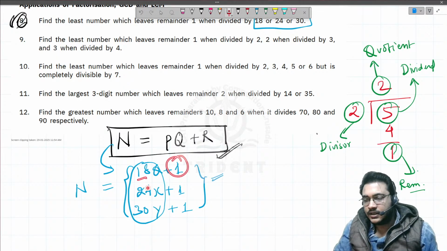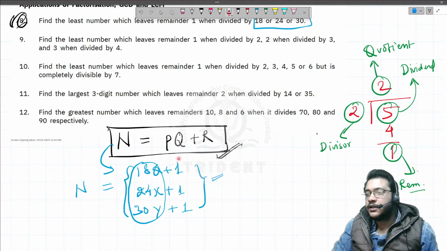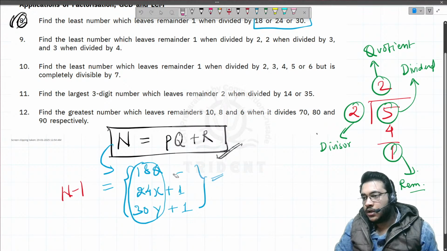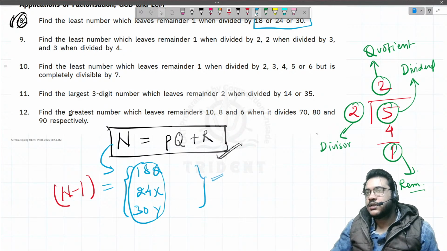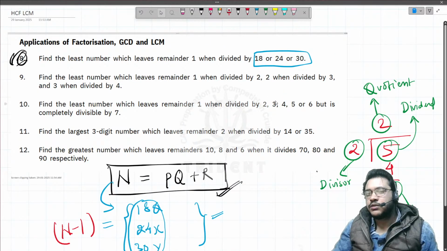So this is not a factor. If I need to make it a factor, मैं सिर्फ 1 minus करूंगा इसमें से. As a matter of fact, if I subtract 1 from n, all of this becomes nothing but factors. Now the question, हमने क्या किया, हमने क्वेश्चन को ही पूरा घुमा दिया.